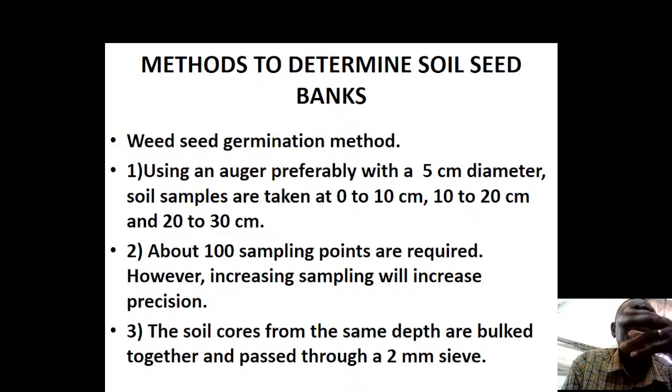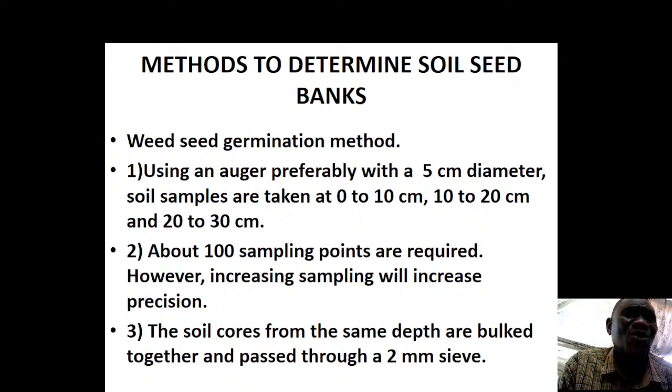Now, after sampling the whole field, probably you need about 100 sampling points, which could be a lot of soil. However, increasing sampling will also increase precision, but there's a cost to it. How are you going to carry that soil?